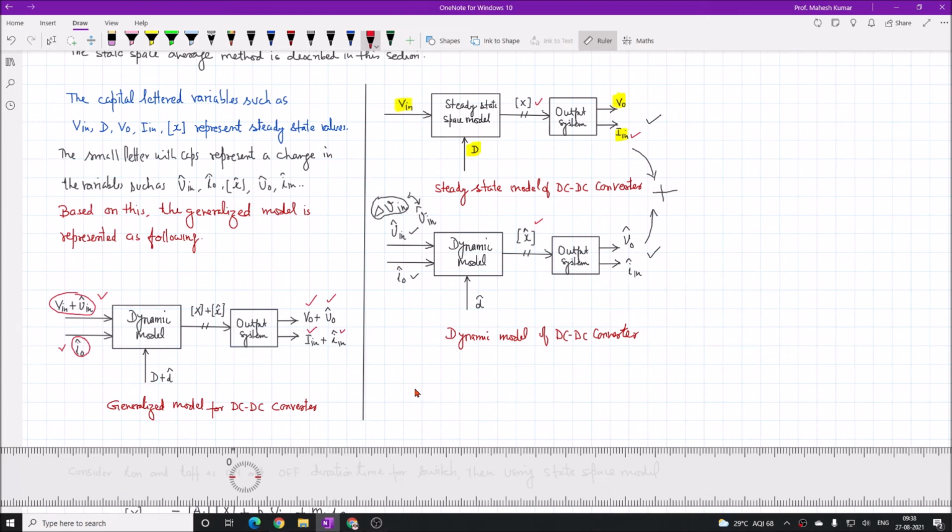So the input current, earlier input steady state current plus change in the input current. So this is called the generalized model for DC to DC converter, which is the combined model of steady state model plus dynamic model.